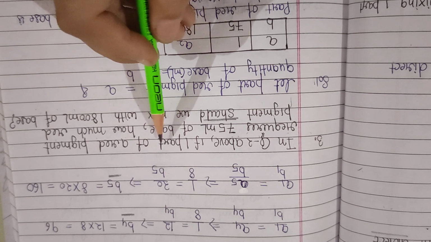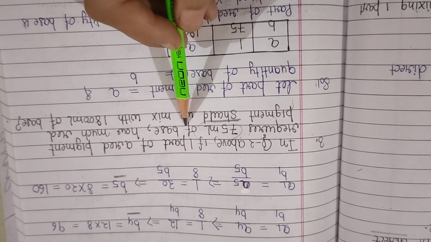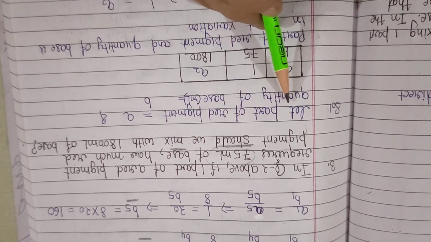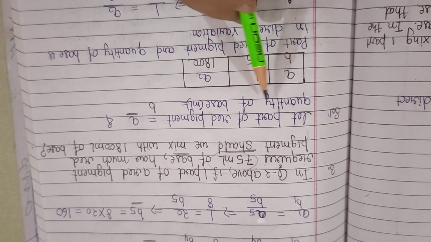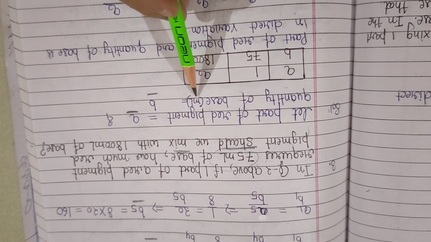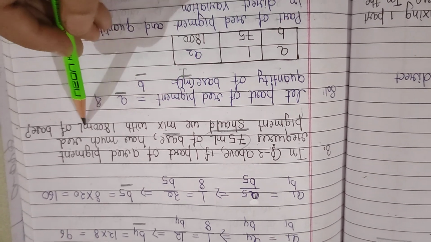And here one part of the red pigment requires 75 ml of the base. This time we are given the quantity of the base. So let us consider the part of the red pigment is represented by A and the quantity of the base is represented by B, and I am taking its unit as ml because it is given in milliliters.